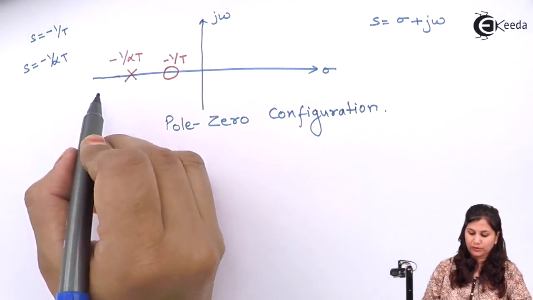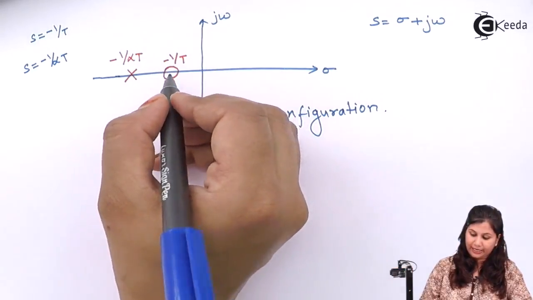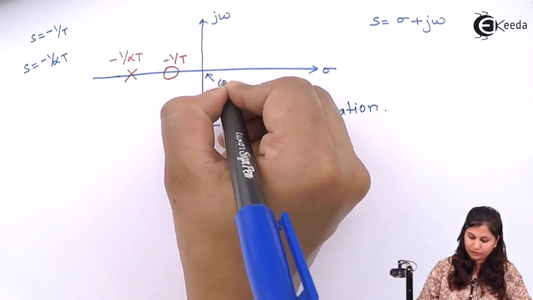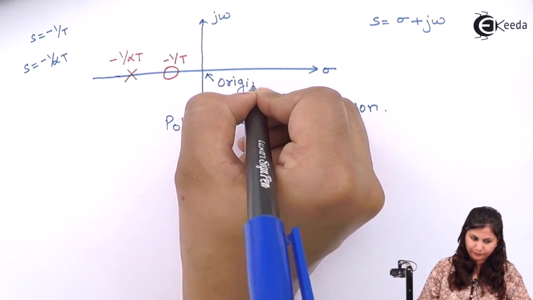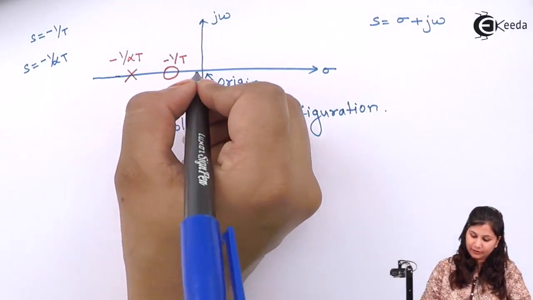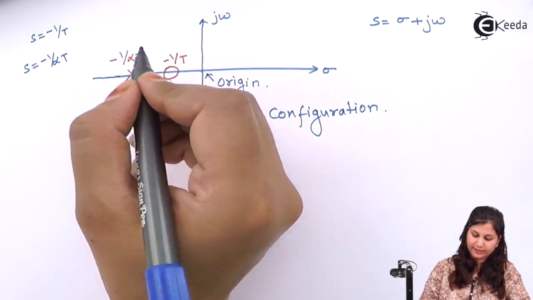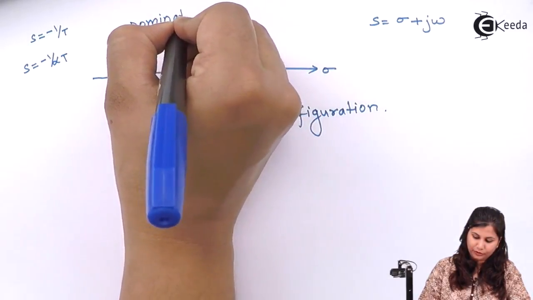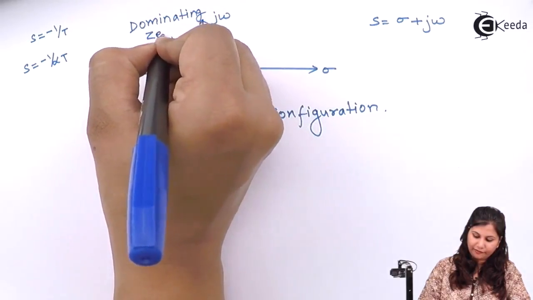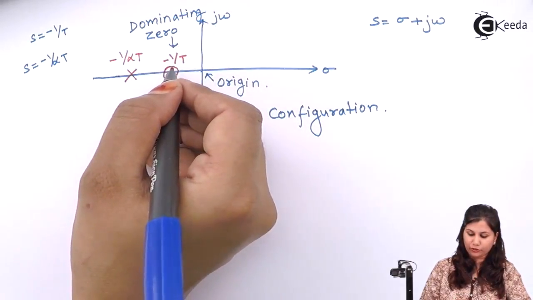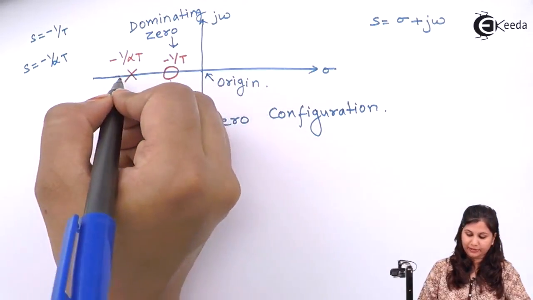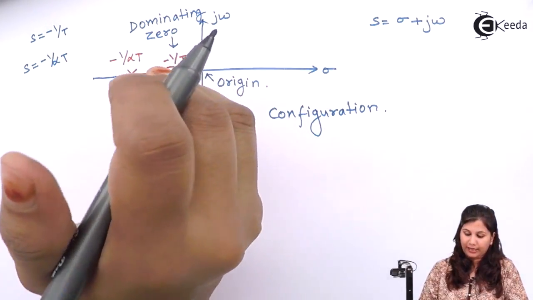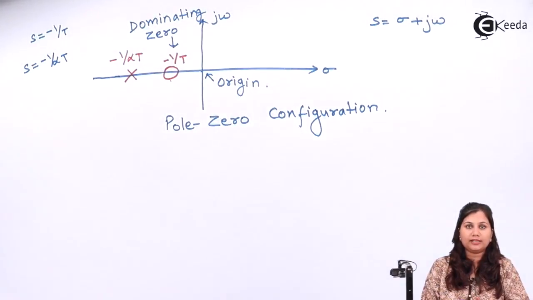Now from this pole-zero configuration, you can see that this zero is close to the origin. This point is the origin, and hence the zero is nearer to the origin, so this zero will be the dominating zero, because its effect will be more with respect to this pole. In comparison, the pole will have less effect on the system, and this zero will have more effect on the system.